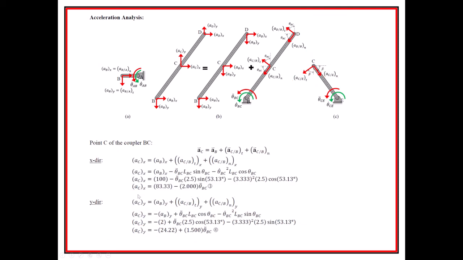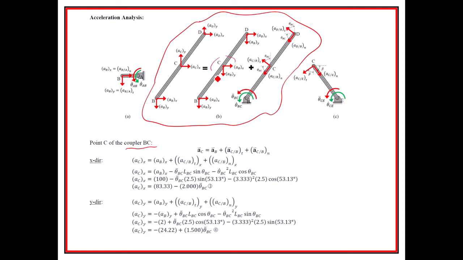So we go over to the coupler BC, so now we use this diagram, right? And we write out what the acceleration is going to be at point C right here, and we're using B as the reference.